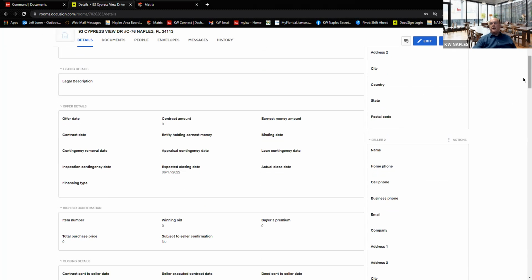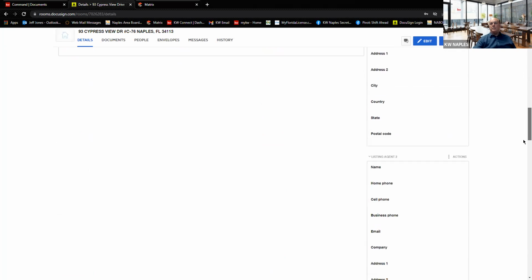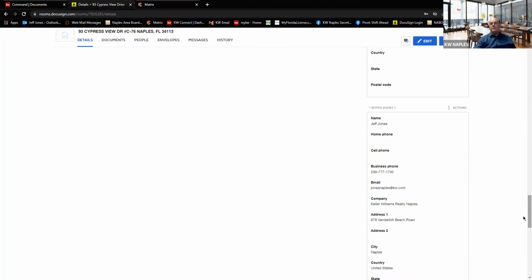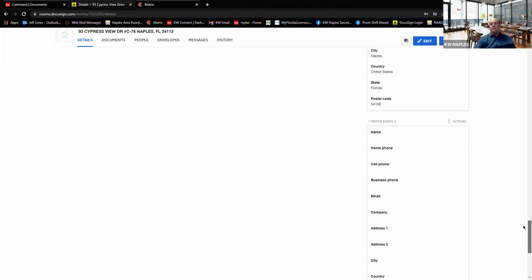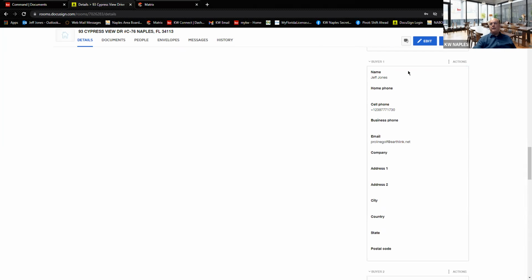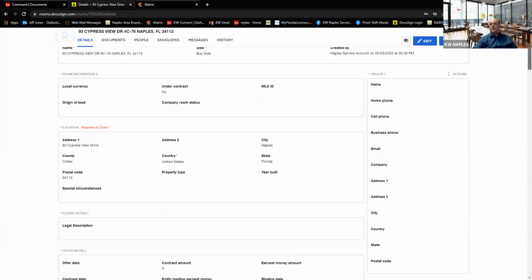But any information that you put in here regarding the seller or the buyer or the listing agent will automatically auto-populate. You can see that I'm in there as the buyer's agent, but I'm also the buyer. So any information you put in here is automatically going to auto-populate into the contract when I bring the contract up. All right.